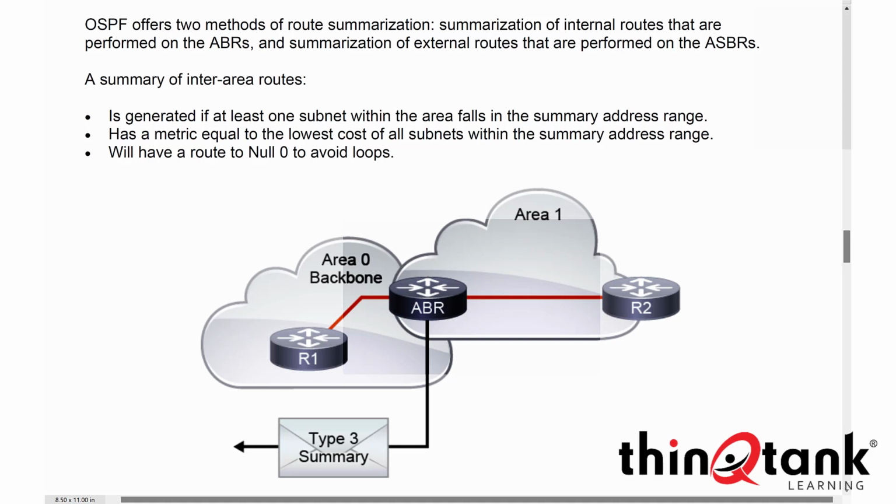Okay? This last bullet point is also very, very critical: the null zero route. We saw that in EIGRP. We will see that in OSPF as well. So when I do my summaries on this ABR, and I am summarizing those 7 prefixes, let's just say all those 7 prefixes are /24s, and I happen to be summarizing those into my backbone as a /16.